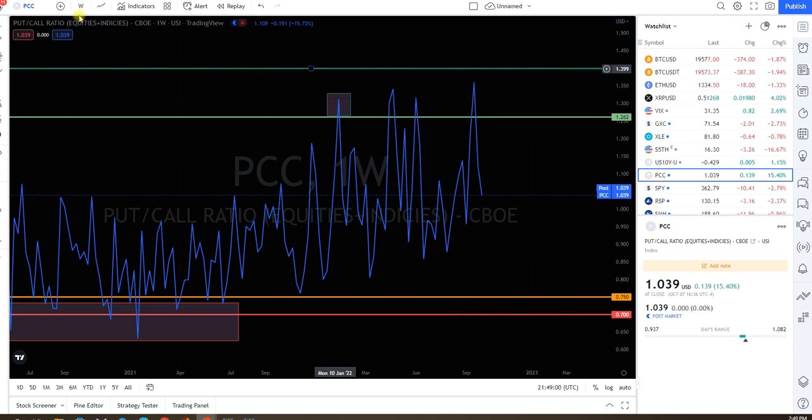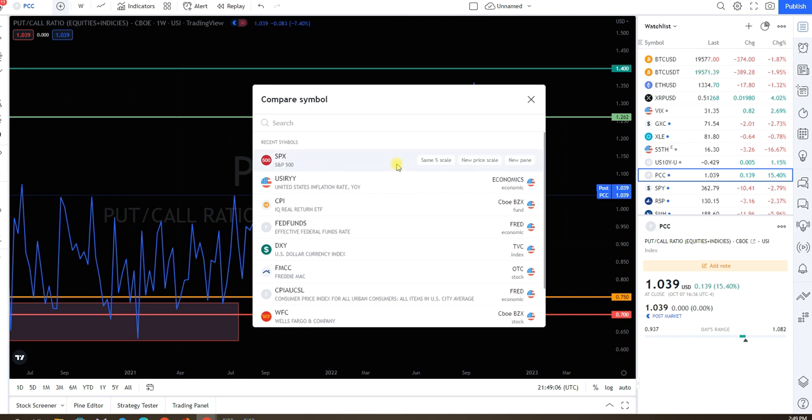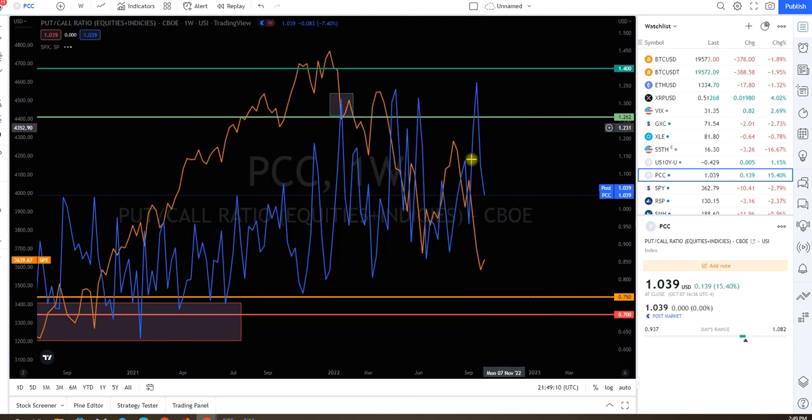If you just compare it against S&P 500, if I just add S&P, just give me a second. S&P here, scaling your price. So you see it, we were very down there. S&P was down actually, and this one is very bullish. Signal is bullish. And right now this one is coming down.